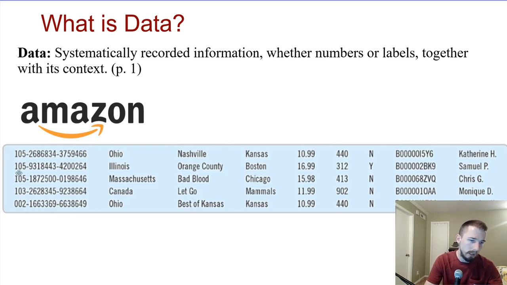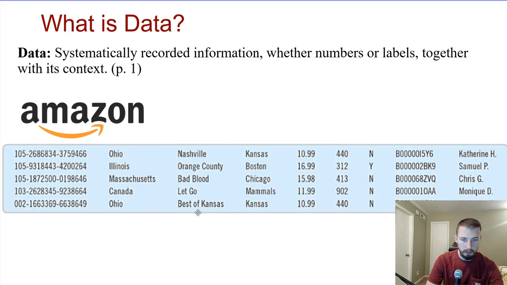So here we've got a bunch of numbers. Does anyone know what that means? No idea. If I had to make a guess, that might be an order number. So these could be order numbers. And then here, those are obviously the locations, not just the state, but we've also got Canada here. So that might be where it's shipping from, or it could be the location of the buyer, where it's shipping to. I don't know. It looks like we've got countries here.